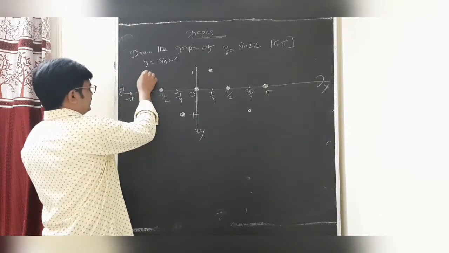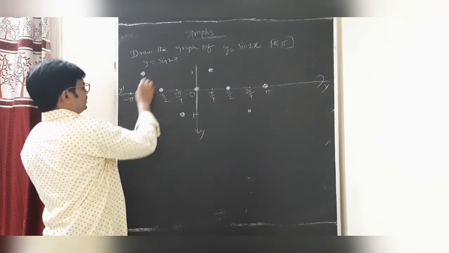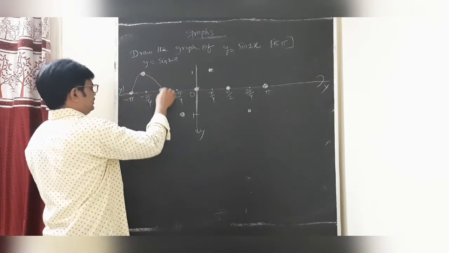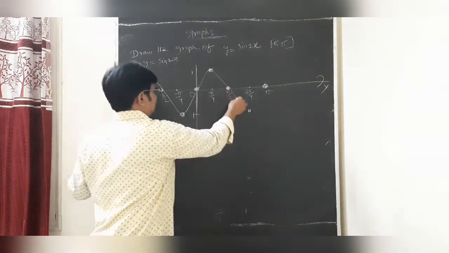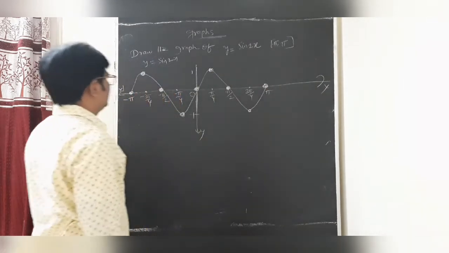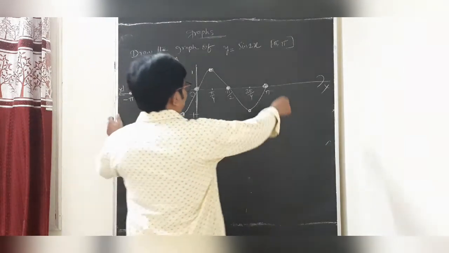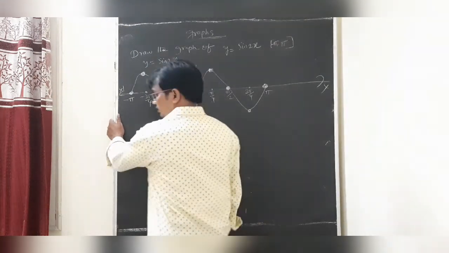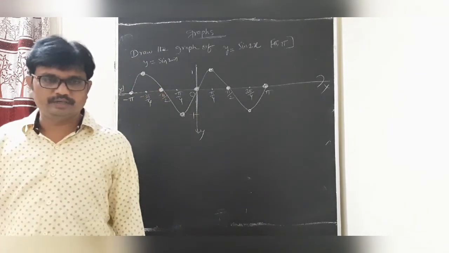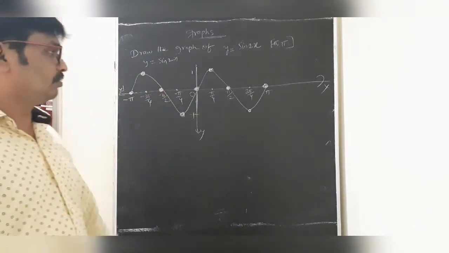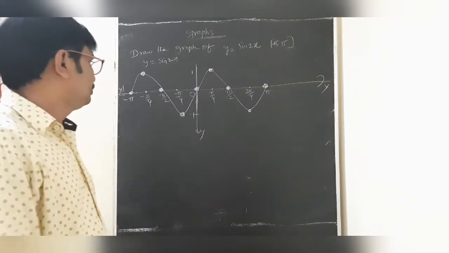The value is minus 1, minus of minus is plus. Sine of 2 pi is 0. So students, this is the graph of y equal to sin 2x in the interval minus pi to pi. Write down students.